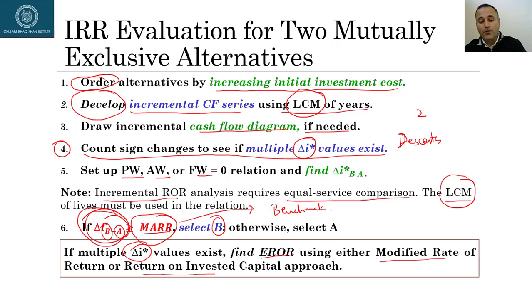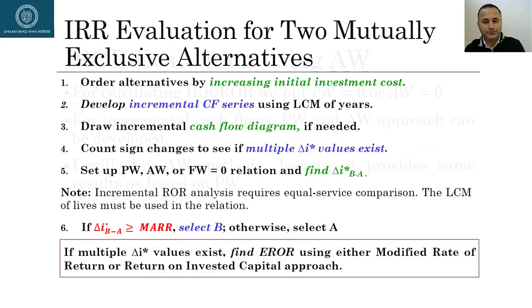So even if I'm using the incremental cash flow approach, there may be multiple IRRs, and in order to tackle that problem, we have to resort to the EROR method. And there are two methods, as I said.